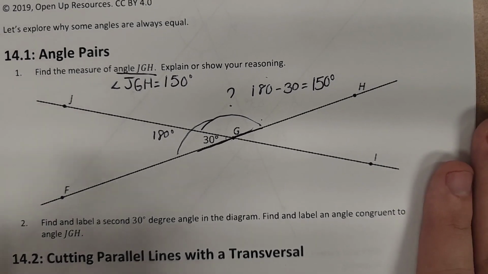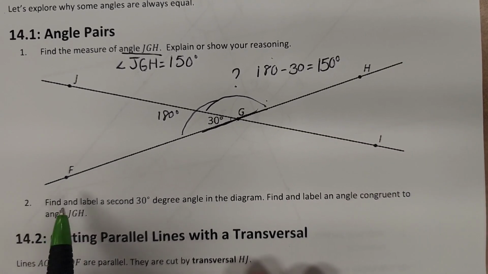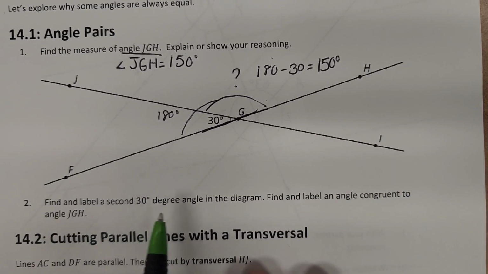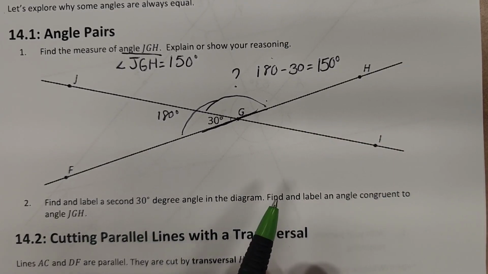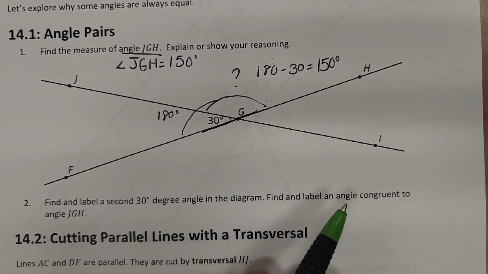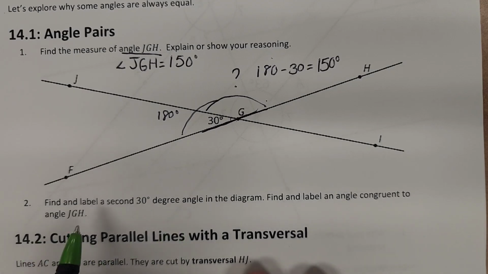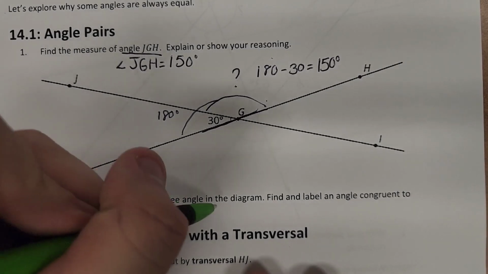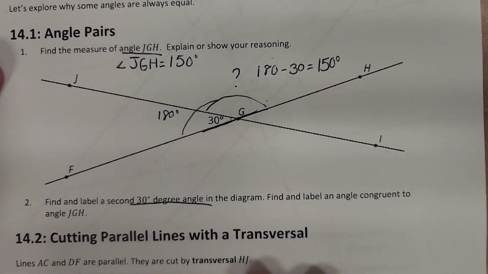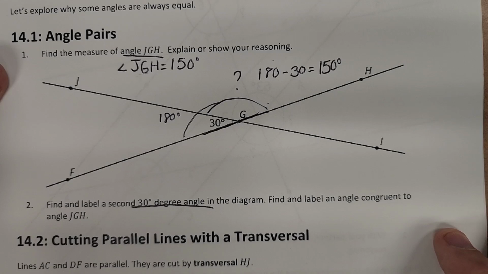Awesome. Now, to answer question number 2, it says find and label a second 30-degree angle in the diagram. Find and label the angle congruent to angle JGH. Now, we're going to start here with the 30-degree angle. Now we have to find something that is congruent. Now what does congruent mean?